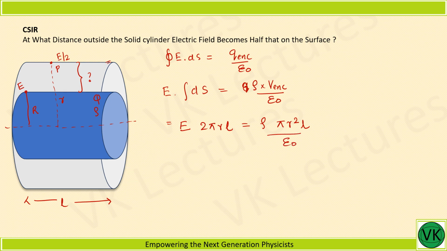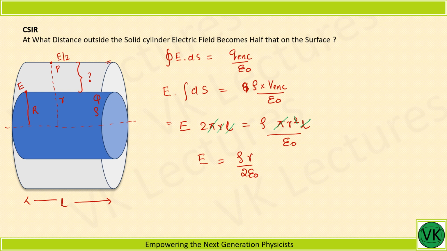Now we can cancel out the common terms. So pi is here, r and r, L and L get cancelled. So electric field E is equal to rho r divided by 2 epsilon naught. Okay, here we have made a mistake.